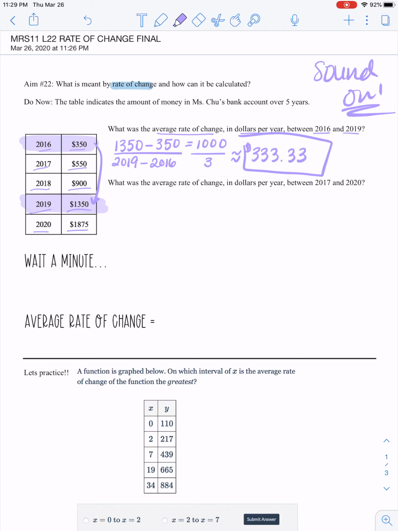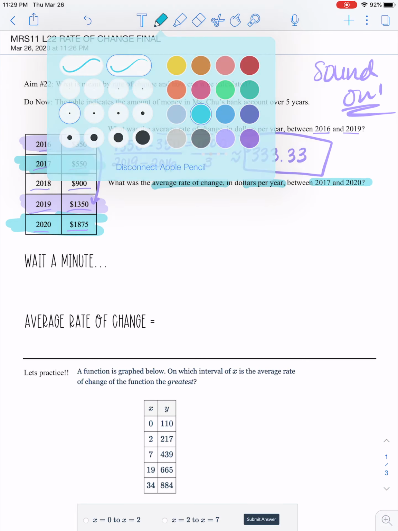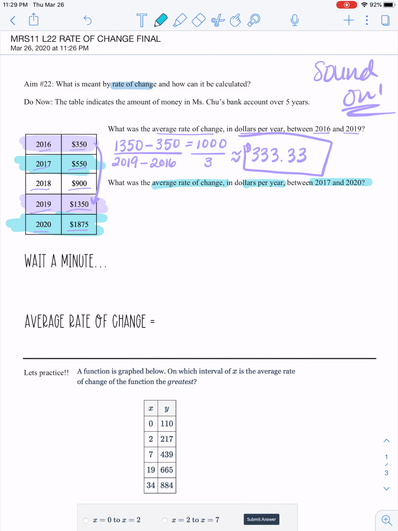Alright, let's try again for one more problem. What was the average rate of change in dollars per year between 2017 and 2020? So here's 2017 and here's 2020. So the first thing, again, I'm going to find how much did I change by in terms of my money. 1,875, and what I'm going to do is subtract 550.